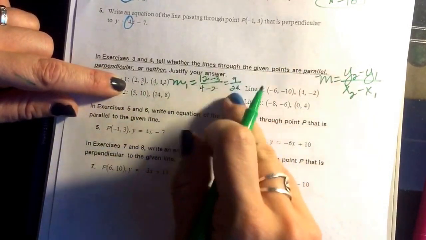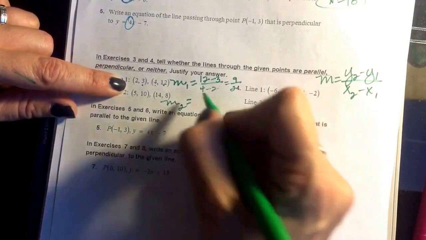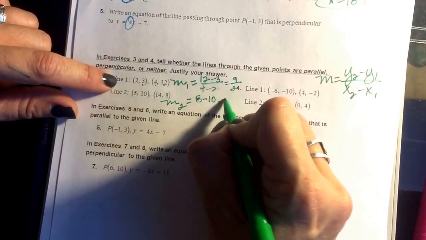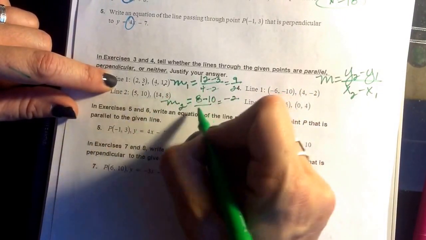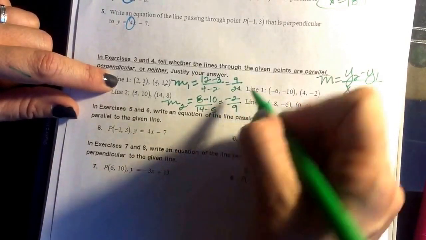That's 2. I might have to simplify that in a minute, but let me do the other slope and see what happens. 8 minus 10 is going to give me negative 2, over 14 minus 5, which is positive 9.